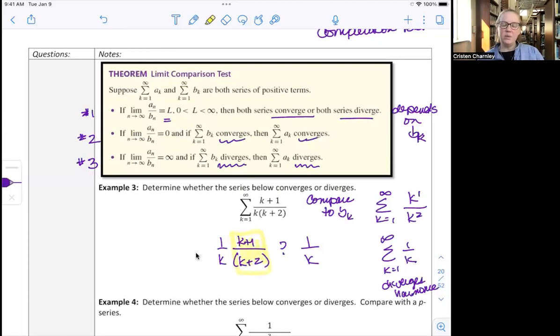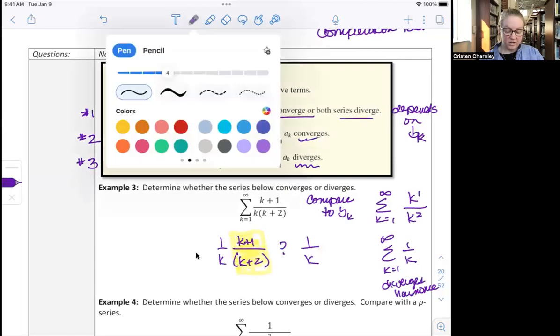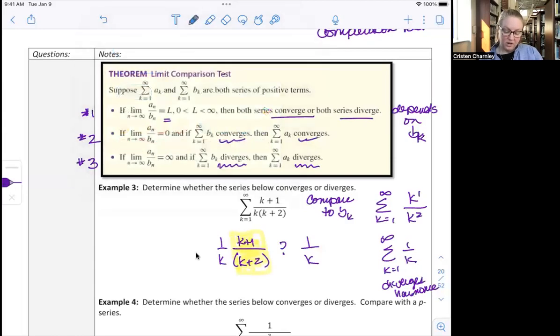We could use L'Hopital and say that that's equal to 1. However, when we're at the lower values, say we put a 2 in for that k, 2 plus 1 is 3 over 2 plus 2 is 4. So you're multiplying by 3/4, a value that is smaller than 1. Therefore, the piece on the left is less than the piece on the right, just the opposite of what we had before.